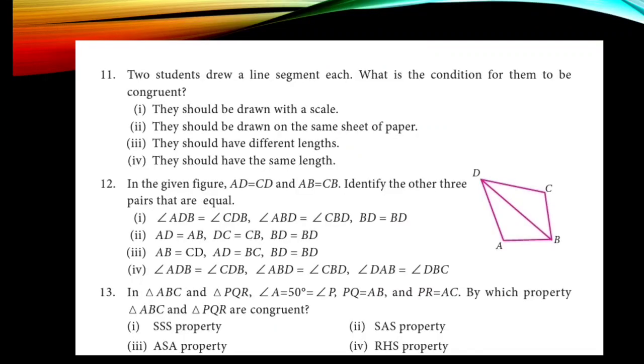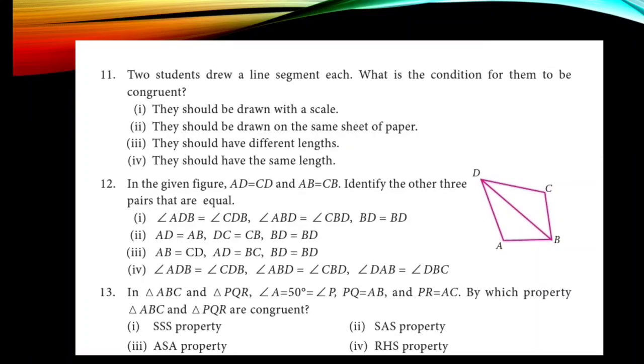Next, 11th one. Two students drew a line segment each. What is the condition for them to be congruent? Okay, two students, each one is drawing a line segment, and what is the condition for both the line segments to be congruent? Already I explained to you about congruency of line segments. First option, they should be drawn with a scale.